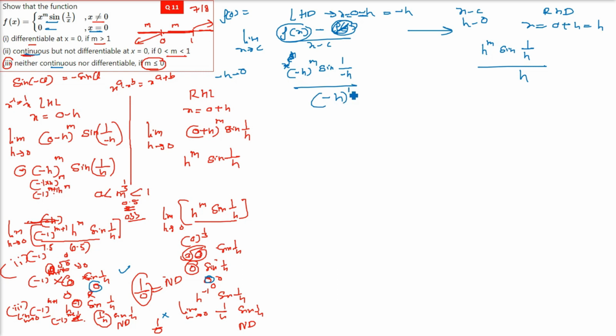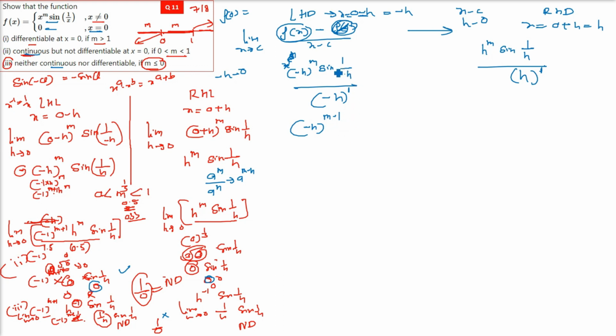Now this is minus h to the power 1, and here h to the power 1. Please remember that when we have the same base in numerator and denominator, the denominator power is subtracted. So a raised m by a raised n will be a raised m minus n. So minus h to the power m minus 1 it will be.